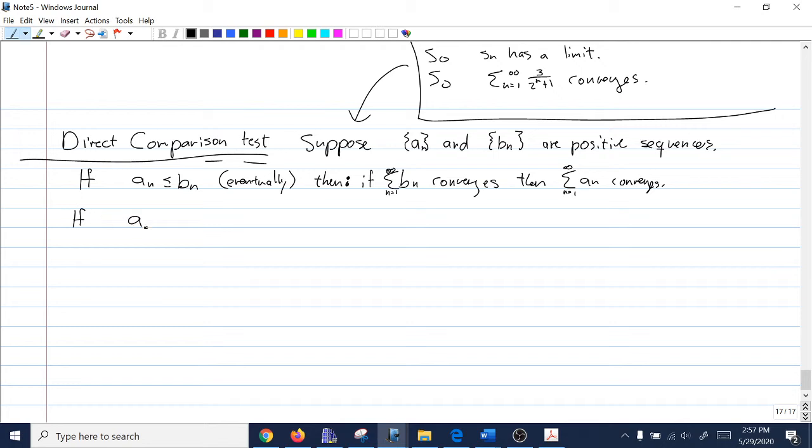If AN is bigger than BN, or if it's just bigger than it eventually, then if the sum from n equals 1 to infinity of BN diverges, then the sum of AN diverges also.